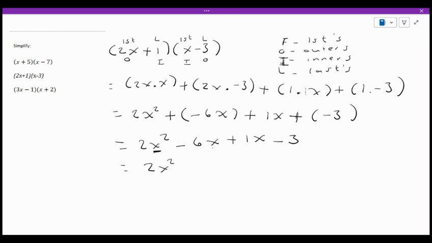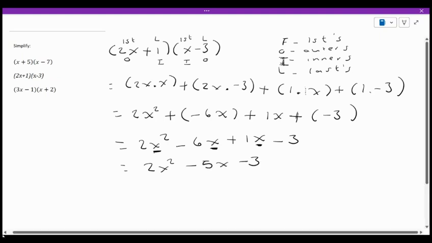X squared is not the same as x, so we can't add minus 6x to this. That is not the same thing. But x and x over here, they are the same thing, right? So we can add both of these to each other. So it's going to be minus 6 plus 1. That will give us minus 5x minus 3. And we are done with this one.